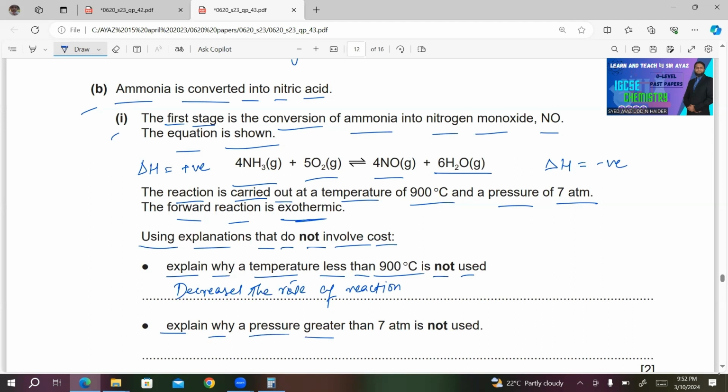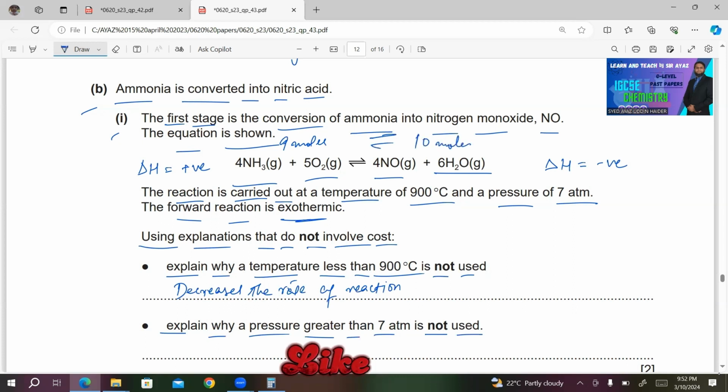Explain why a pressure greater than 7 atm is not used. So what will happen if you increase the pressure? The equilibrium will shift to the side with less number of moles. And if you count the number of moles of gases in the equation, on the reactant side, you have 9 moles of gases. And on the product side, you have 10 moles of gases.